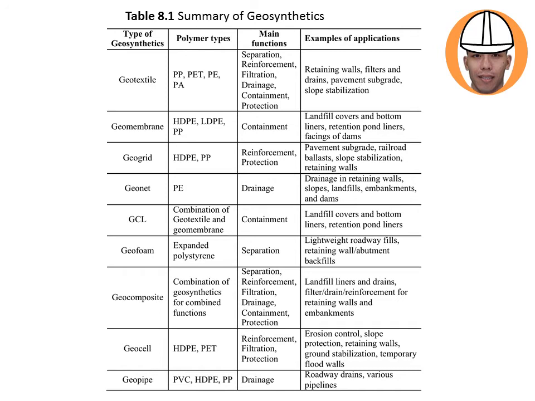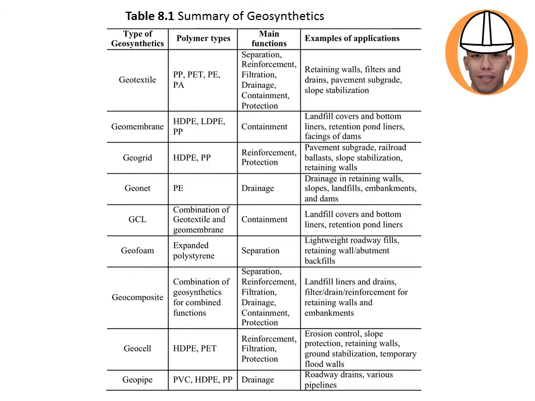So we have the geotextile, which has 6 main functions: separation, reinforcement, filtration, drainage, containment, protection. While geomembrane is containment, GCL is containment. So some are just single function, and some are versatile like geotextile.